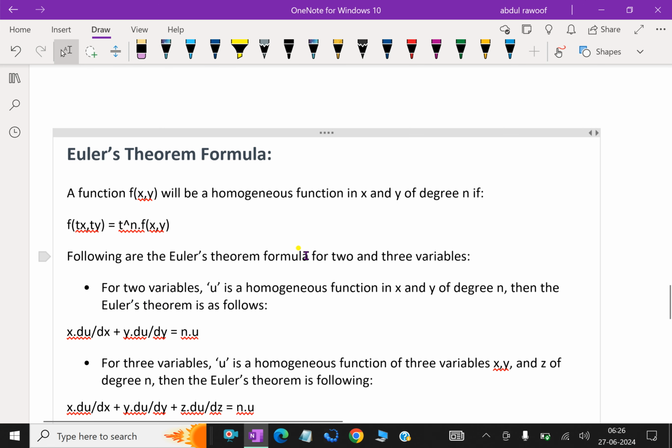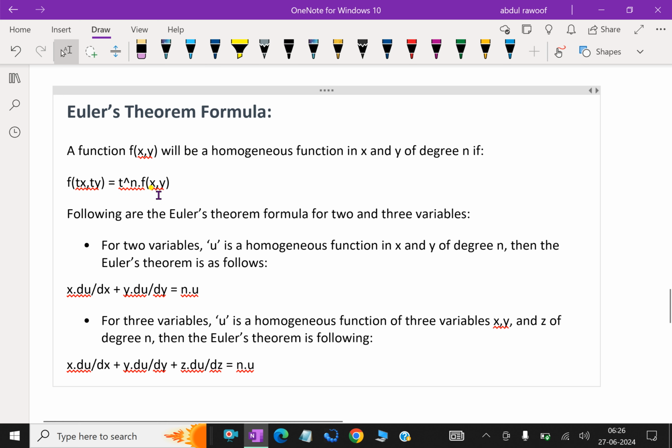Next, Euler's theorem formula. A function f of x comma y will be a homogeneous function in x and y of degree n if f of tx comma ty is t power n f of x comma y. That means if you multiply both variables by some parameter t, it becomes t power n times f of x, y, where n is the degree of that function.